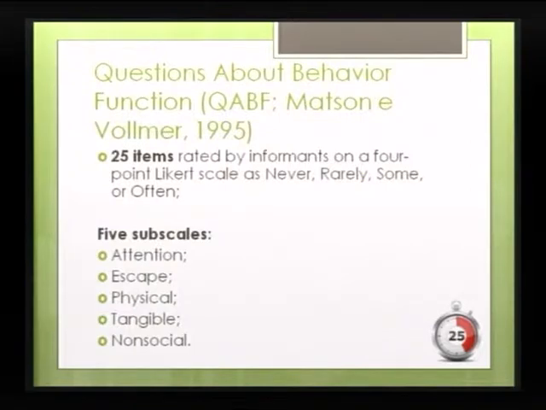The QABF consists of 25 items on a 4-point anchored Likert scale: never, rarely, some, or often. And the QABF measures 5 subscales: attention, escape, physical, tangible, and non-social behaviors.